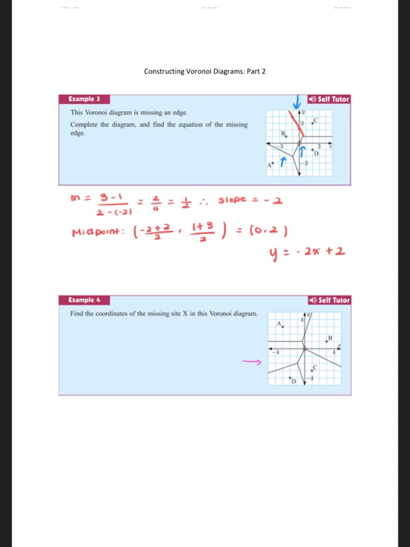So let's just say X is here. I'm just going to guess. Okay. If X is there, if I were to draw that line segment, this blue line, which forms the edge, is the perpendicular bisector of AX. Likewise, let's do this in a different color here. We choose this pink here.